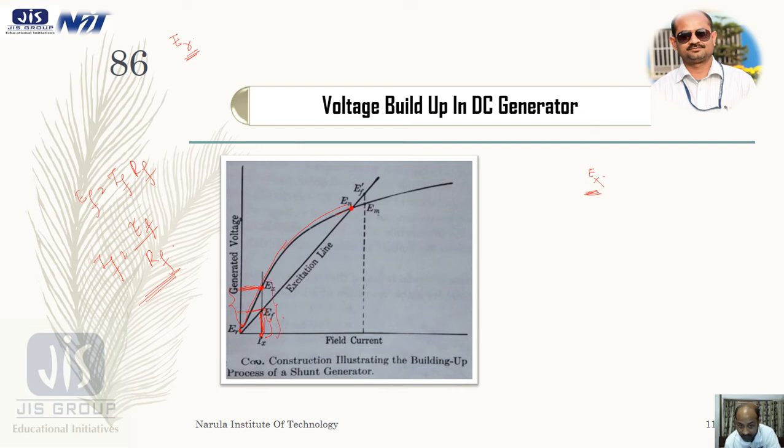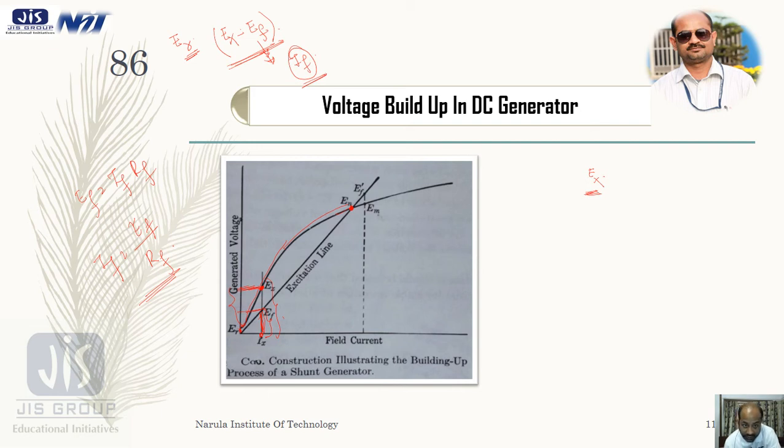So the extra amount of voltage is EX minus EF, because EF is enough to overcome the field resistance drop. This difference EX minus EF is available for the accelerating or cumulative process of voltage build up, and this difference in voltage will increase the current.